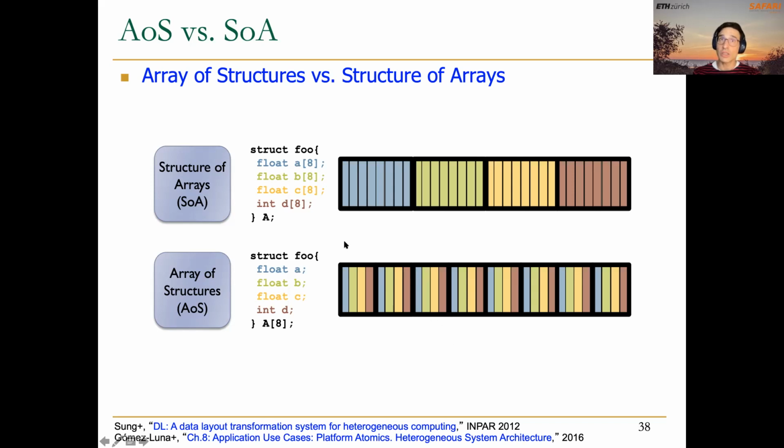And what that means is that when the CPU thread accesses this element, the next elements are also coming closer to the core, to the cache, because they belong to the same cache line. And the good thing is that after having accessed the blue value, the CPU thread needs to access the green and then the yellow and so on. And it will hit the cache because they belong to the same cache line.